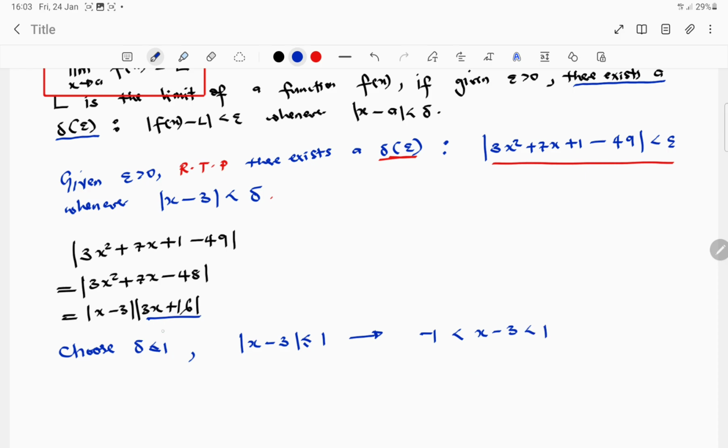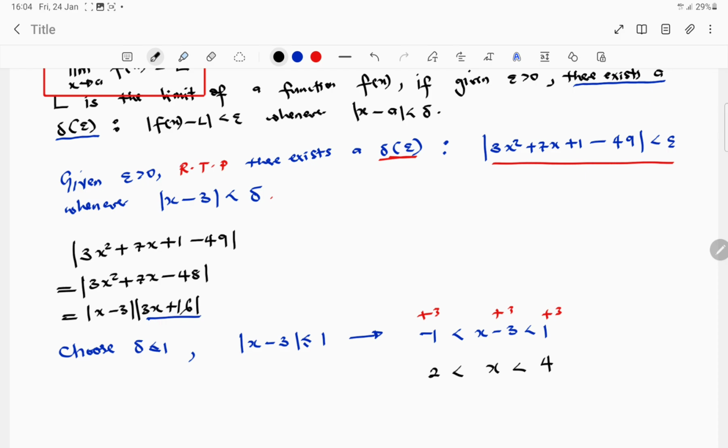We have to make 3x plus 16 in the middle here, so we do some manipulation. First we add 3 on all sides, which yields minus 1 plus 3, which is 2, less than x, less than 4. We now have the upper and lower bound for x.